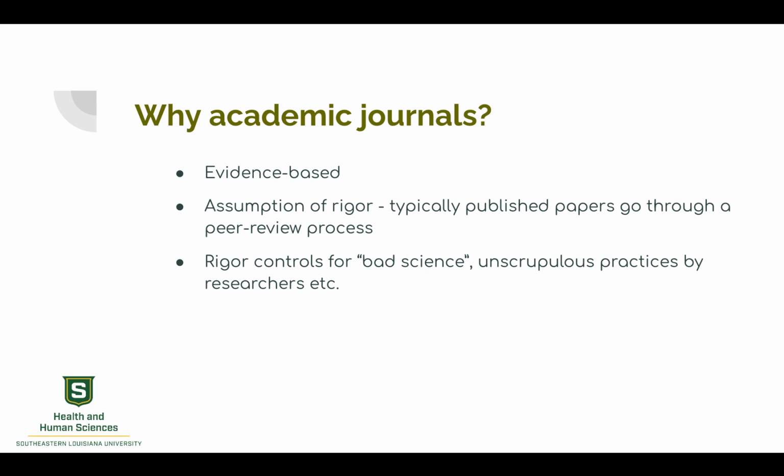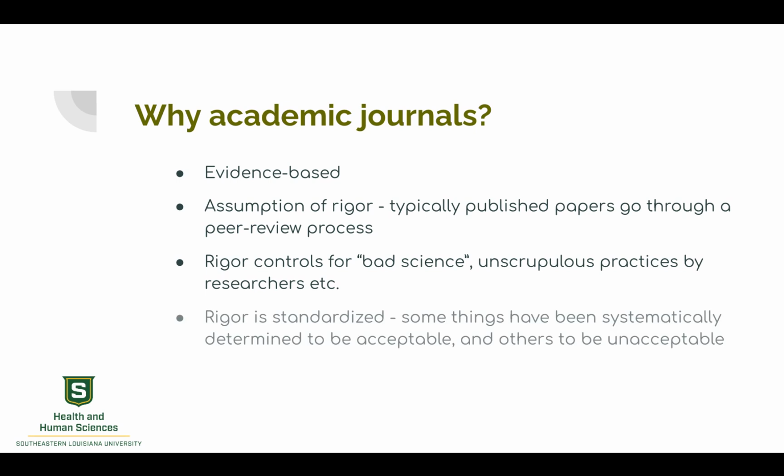So that whole peer review process brings a rigor to it, because there is a standardization of what reviewers are looking for when they are reviewing a paper: what qualifies as bad science, and what is an acceptable practice in terms of science.